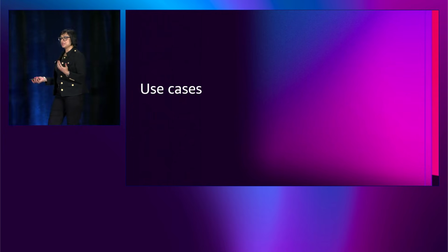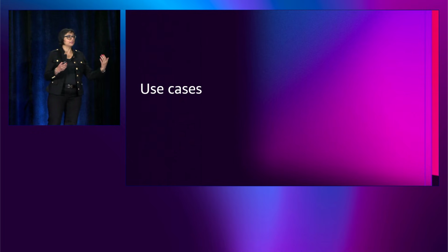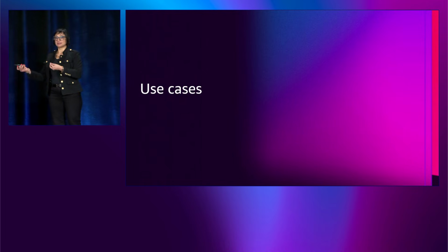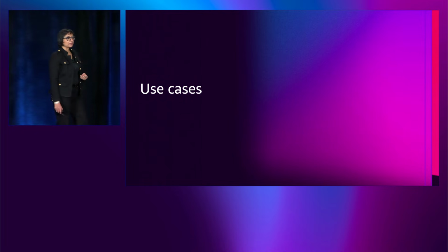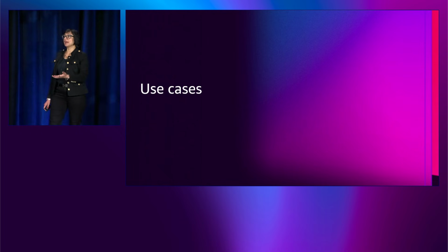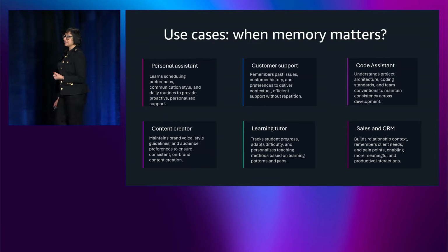Now that we have seen this demo, it is using AgentCore memory. Based on the APIs, I was able to integrate my existing agent. I started with the first basic agent, and then I integrated it with the memory. I literally called some of the APIs, and it took me a few minutes to do that. But there are a lot of other use cases as well. The example I gave you is a content creation example.